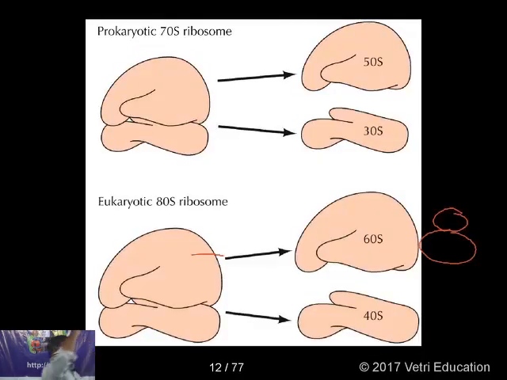Here the diagram is given. In prokaryotes, the 30S and 50S subunits form 70S. And in eukaryotes, 60S and 40S form the 80S type. One smaller unit and one bigger unit unite together to become 80S and 70S.